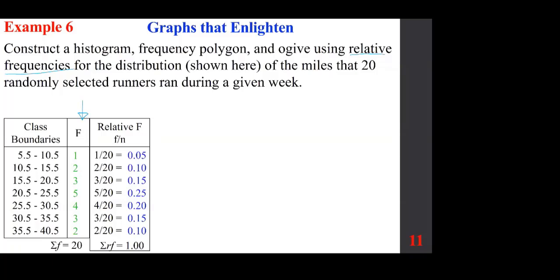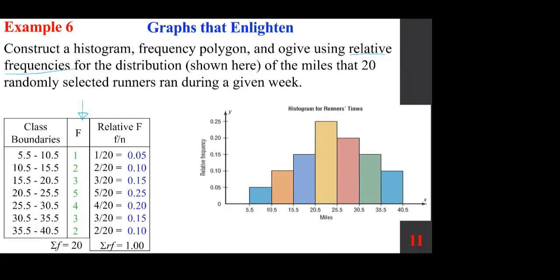Now we have the horizontal axis, 5.5 to 10.5 to 15.5, all the way to 40.5. The heights are for the first bar 0.05, the second one is 0.1, and so on and so forth. So my assumption is everybody is very comfortable coming up with this histogram. So that takes care of the first one.